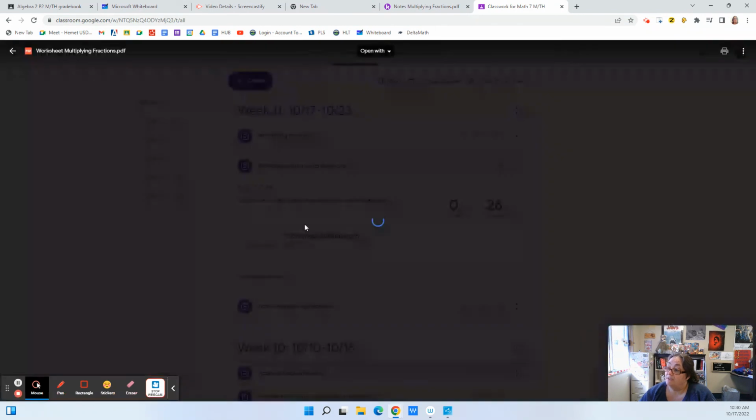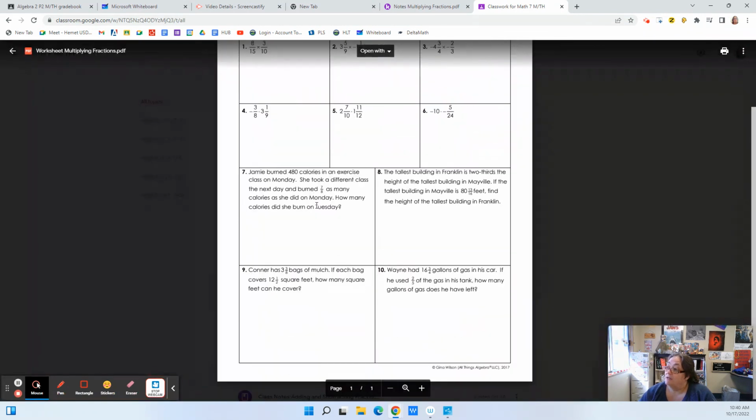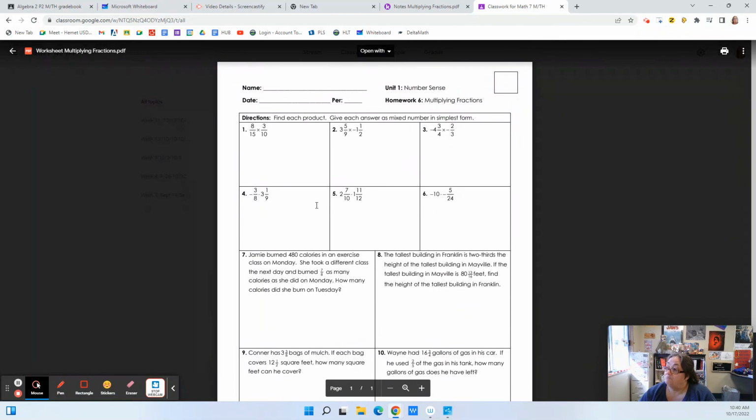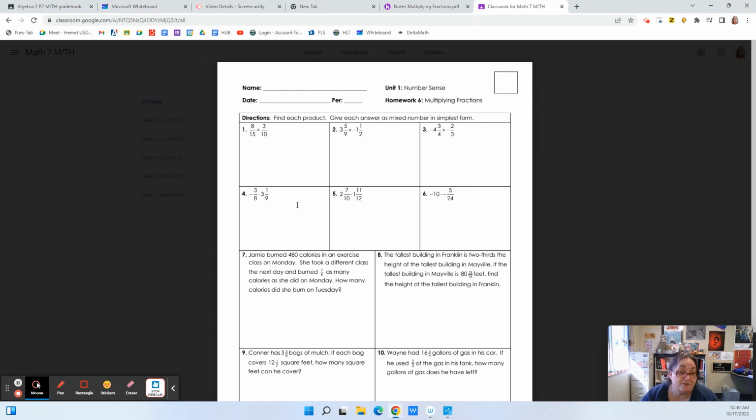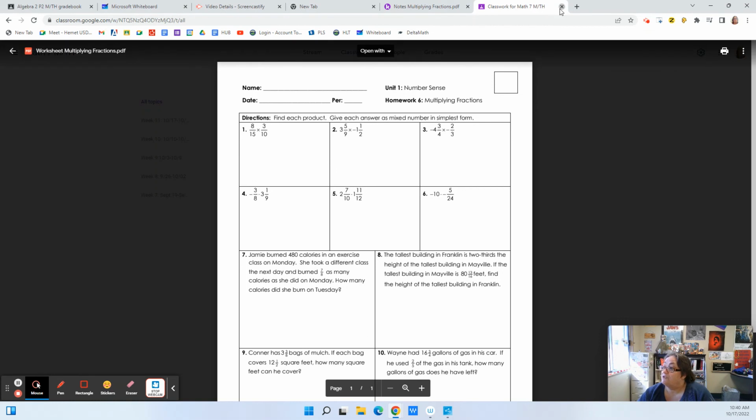You could see it. 10 problems, of which we didn't go over the word problems, right? So we won't do the word problems on the worksheet. I'll tell you what, though, if you do the word problems, I'll give you extra credit. Fair enough? I'll say you don't have to do them, but if you do them, I'll give you extra credit. So that is your worksheet.